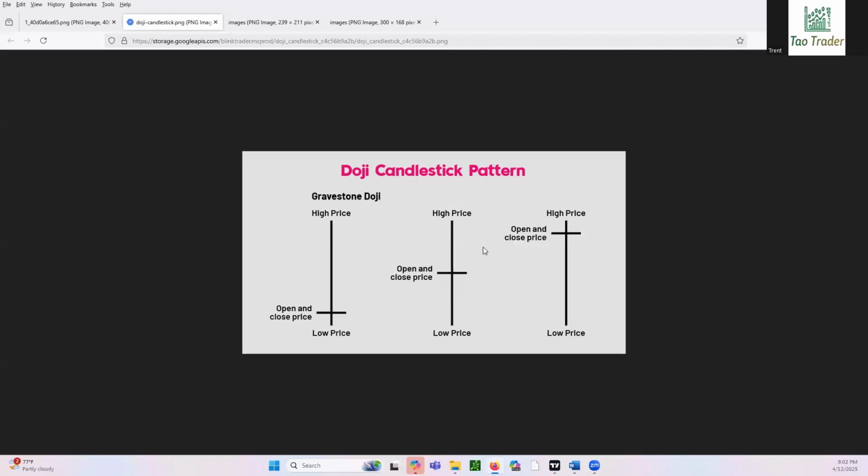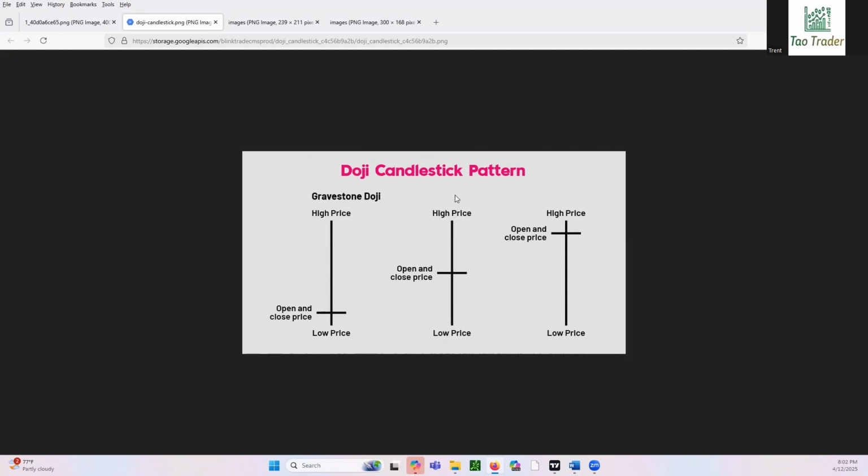Let's go over here to a doji candlestick. This would be where price opened here, came up, came back down to where it opened, then all the way down here, and then moved back up to where it opened. So it opened and closed at the same price.